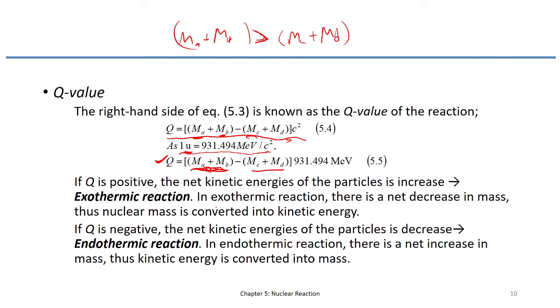Meaning that the kinetic energy after the reaction is greater than the kinetic energy before the reaction. So the reduction or decrease in mass is converted to kinetic energy. If the Q value is positive, then the reaction is classified as an exothermic reaction.